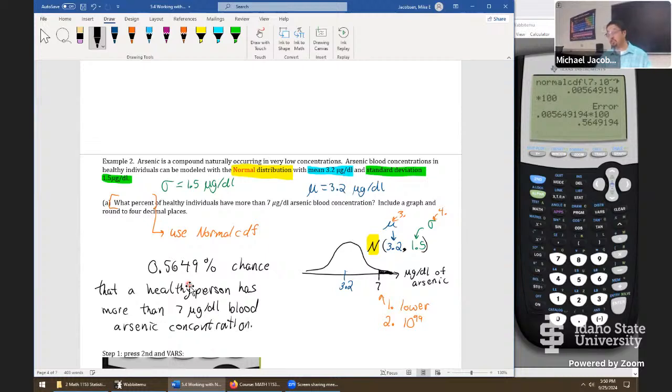That's highly unusual since it's almost 3 standard deviations away, and that's why the percentage is so low as well. But any other questions, folks, with finding that value?